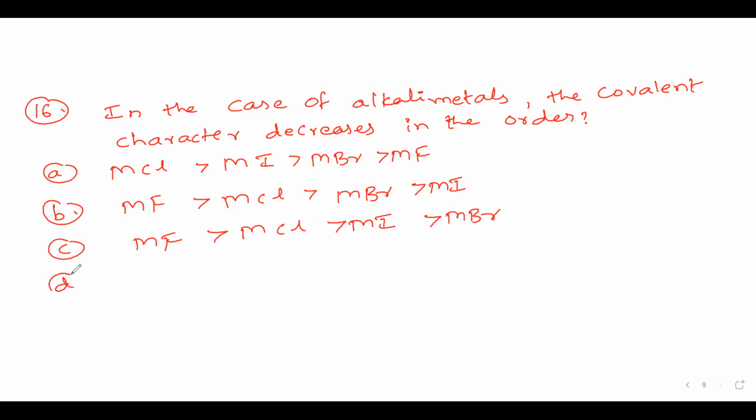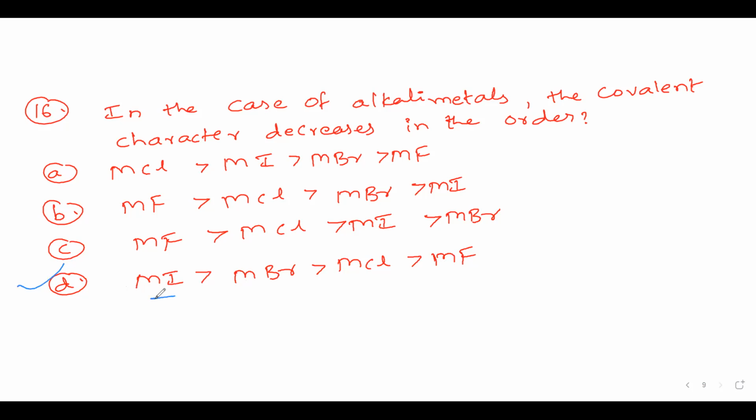Next, where M can be any alkali metal, we have metallic iodide greater than metallic bromide greater than metallic chloride greater than metallic fluoride. So in case of halogens, the right option is metallic iodide. Sodium iodide is more covalent than sodium bromide, sodium chloride, sodium fluoride.